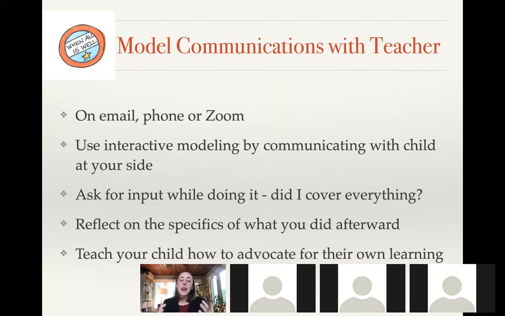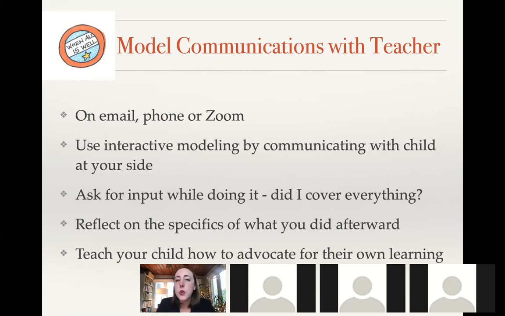So as a parent, how can we sit down with our child and reach out to the teacher together? Maybe you craft an email together, write it together, and talk about what you're going to say and how you're going to say it, or initiate a Zoom together. Use that interactive modeling by doing it side by side. And then when you're away, talking about reflecting on it.